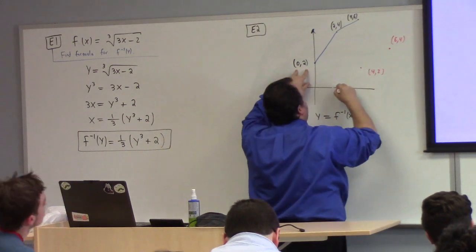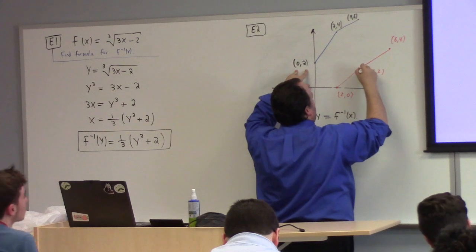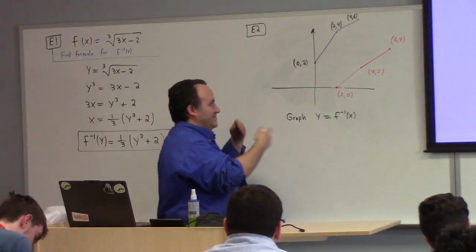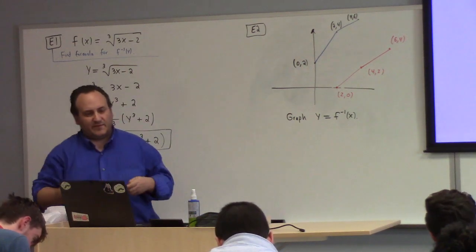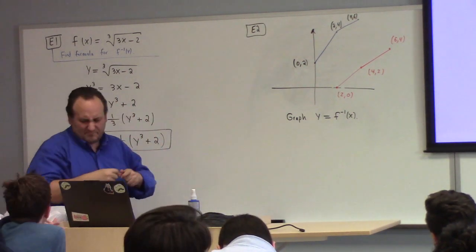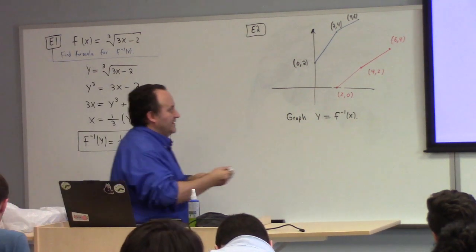So here's the graph of the inverse. And if I had graph paper, it would look better. Obviously, it's not coming out very well. It should be the exact same shape. It should be reflected across the line y equals x, okay?